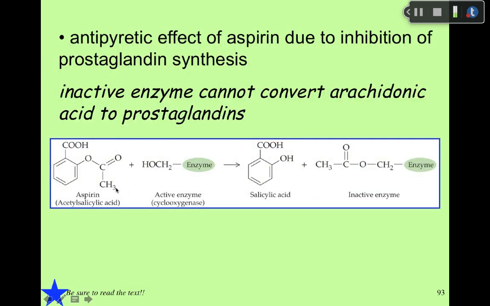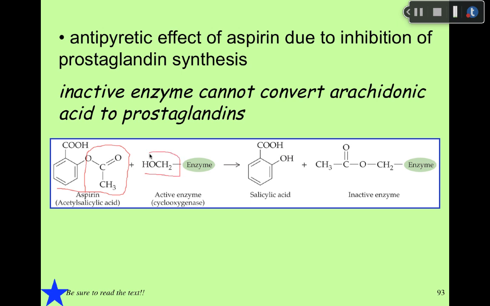So the example with the prostaglandin and aspirin antipyretic effect is on this slide. If you take a look at aspirin, which you have done in lab already, acetyl group is on the salicylic acid, so that part on the right is the acetyl group, which reacts with an enzyme.